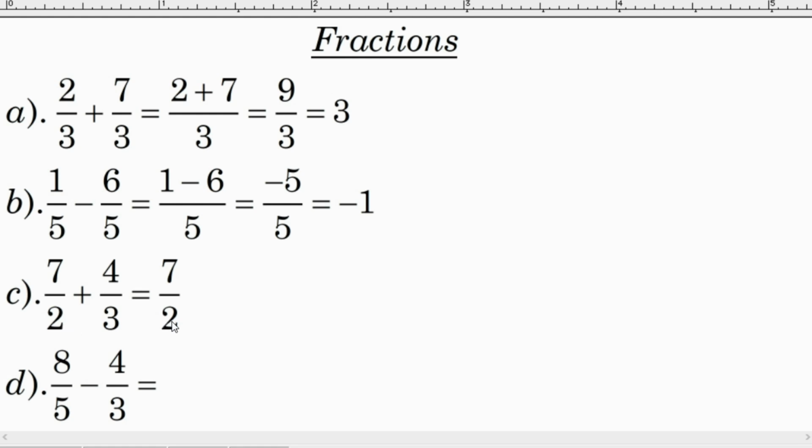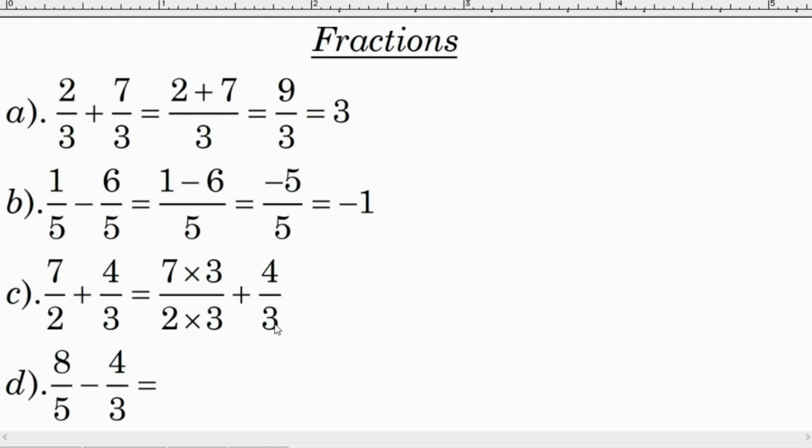So 2 times 3 equals 6. And then we also have to multiply the numerator by 3. Okay? And then plus we have this fraction, which is 4 divided by 3.